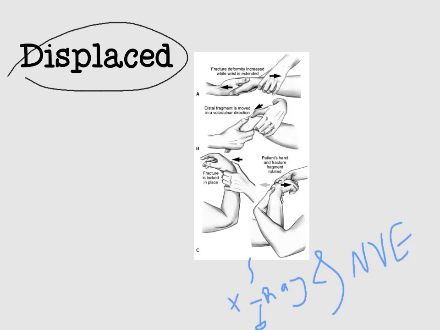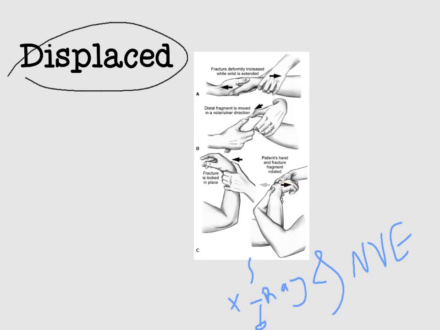After that, we push on the dorsal part of the hand to reduce the fragments into place. While doing this, we manipulate the wrist into pronation, flexion, and ulnar deviation.